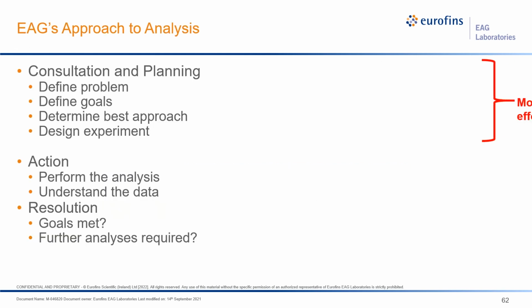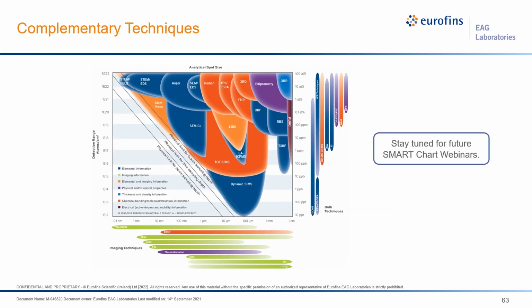I'm going to skip this slide in the interest of time, just to tell you that SIMS, in combination with other techniques, gives you a very accurate assessment of your material, one of which is differential Hall effect measurement that EAG recently has acquired. It gives you the active dopant.